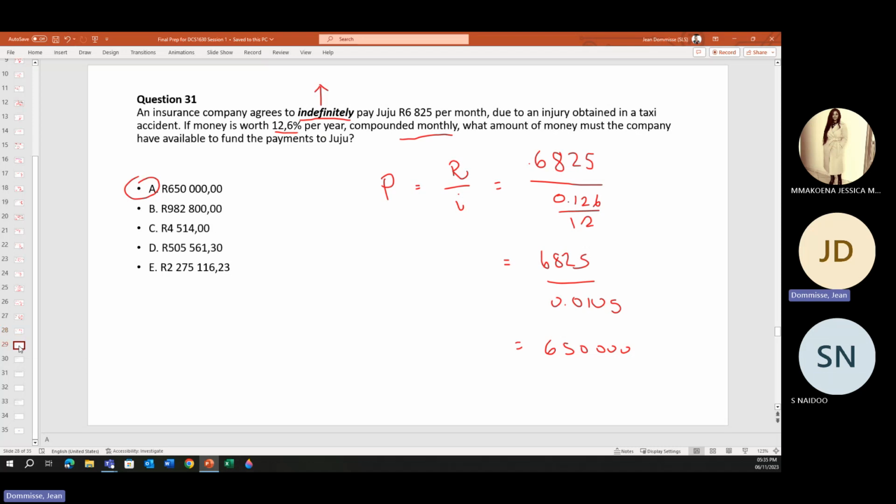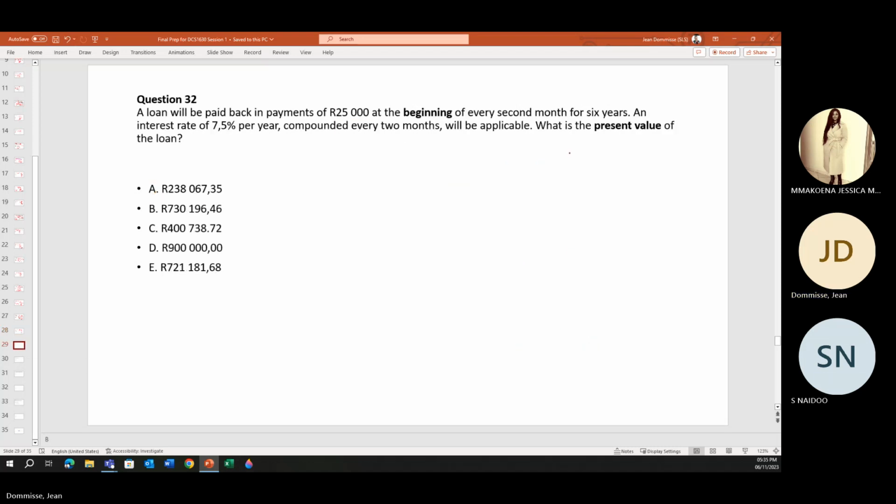Okay, the next one is again where they tell us there's a begin, so we will use the begin function. Let's read: a loan will be paid back in payments of 25,000, so there will be a PMT of 25,000, every second month for 6 years.